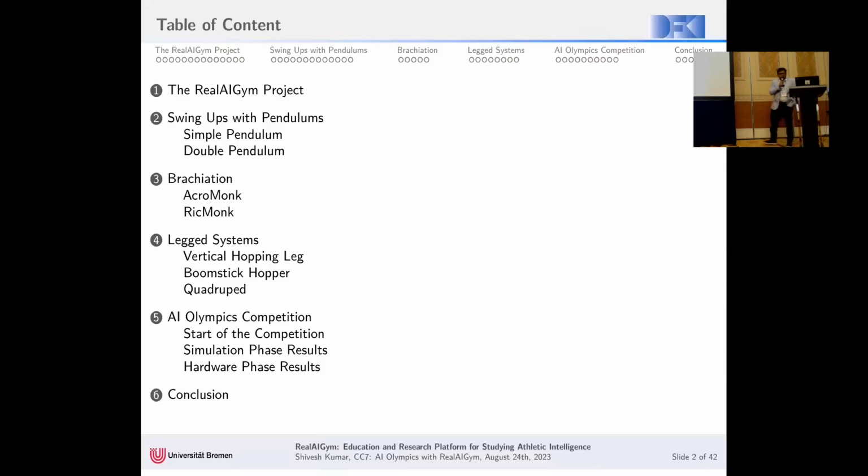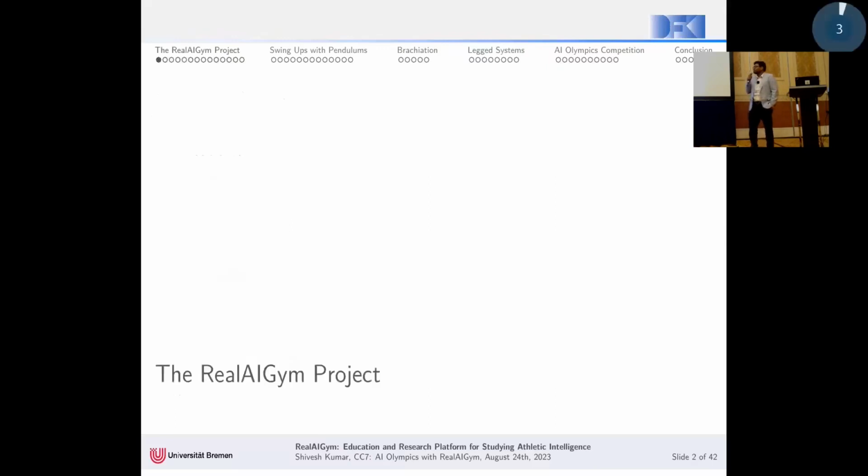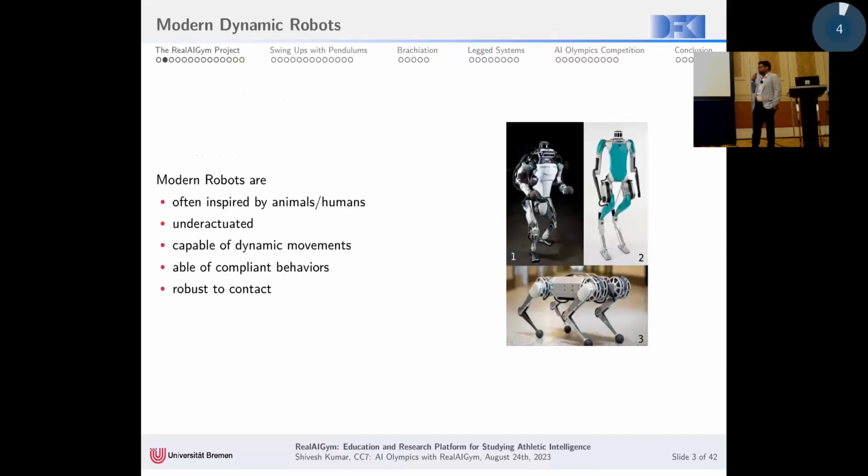We are witnessing a real revolution in robotics at the moment. Just 10 years ago, it was hard to find robots that can move similar to animals. But now we have a bunch of them. In this picture, you see Atlas, the famous humanoid robot from Boston Dynamics. Then we have Cassie or Digit from Agility Robotics, and the MIT Mini Cheetah robot, which was one of the first robots that showed an impressive backflip.